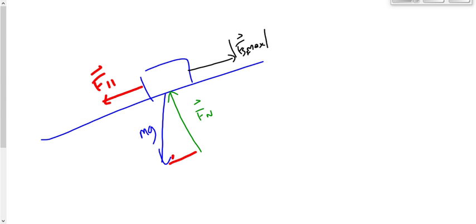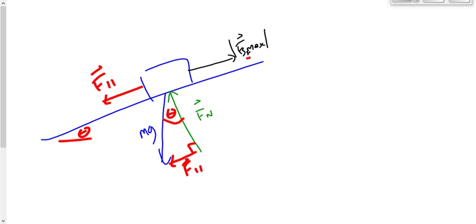And we know that F parallel ends up being parallel to the surface and perpendicular to the normal force. This is nothing new, right? This is stuff that you've done over the last several days. This angle of incline is what you're measuring with your iPhone. This is going to be the same angle that you're measuring with your iPhone. Now you're able to find the maximum force of static friction.